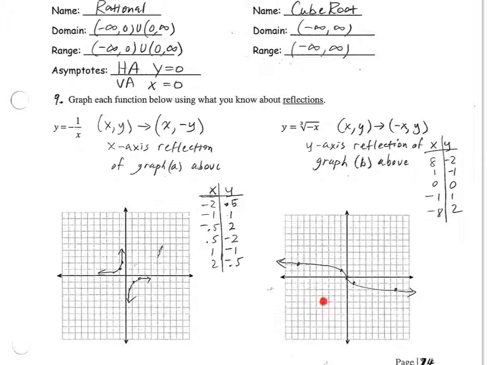And when we graph this shape, we can see that we have a y-axis reflection. What was in quadrant 1 right here flipped over the y-axis into quadrant 3, and what was in quadrant 4 right here has flipped over into quadrant 4 on the transformation graph. So we have carried out a y-axis reflection.